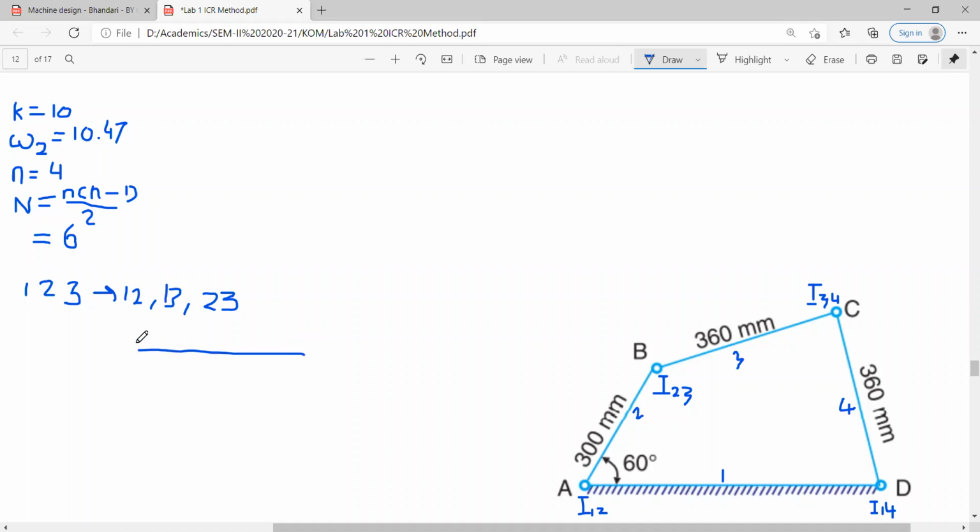So if suppose I12 is here and I13 is here, then no doubt you can say that I23 will be on this line, either in between of these two, or on the right side if you extend this line, or on the left hand side if you extend the line. Getting the Kennedy's theorem? Yes or no?